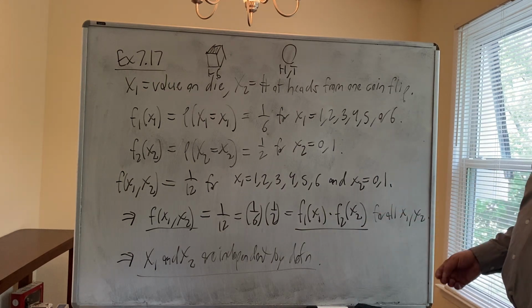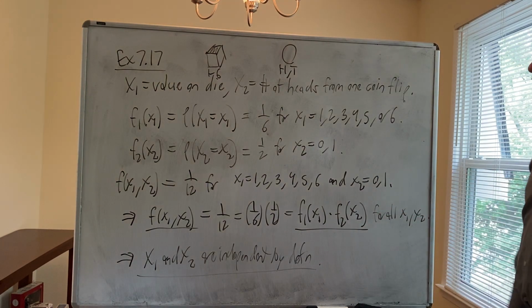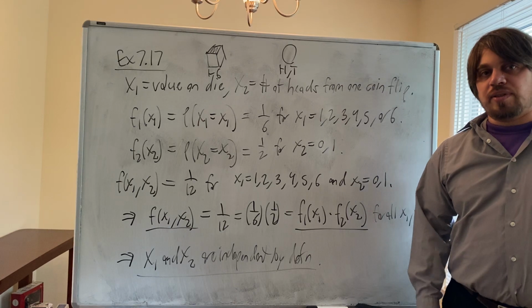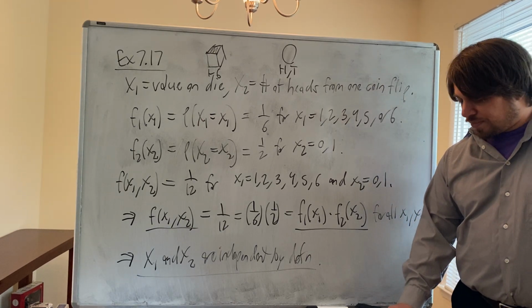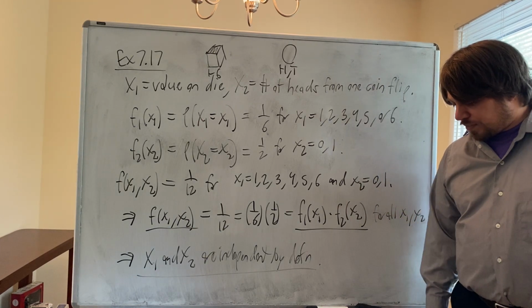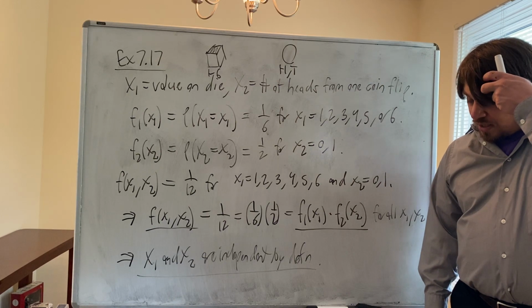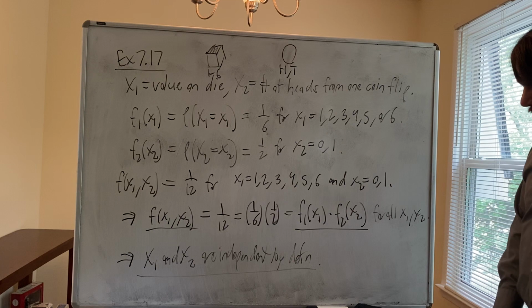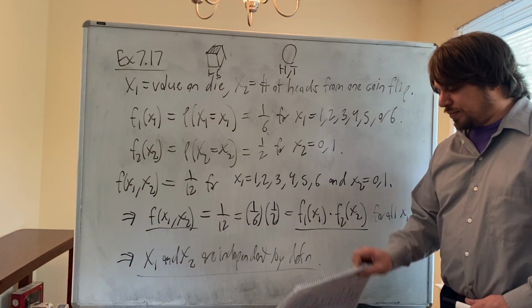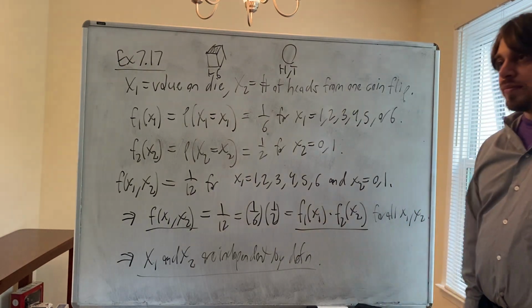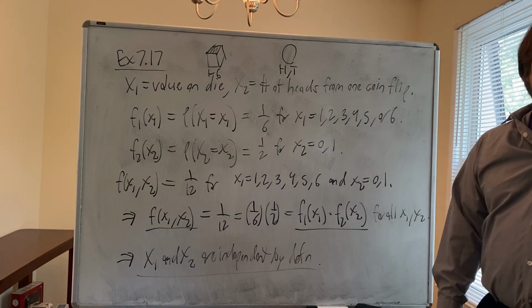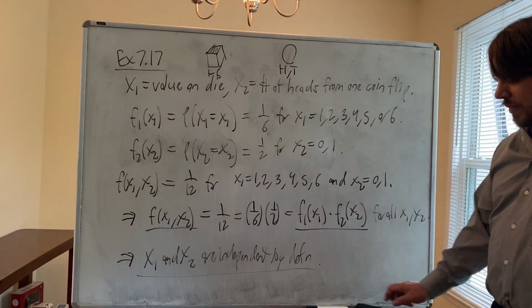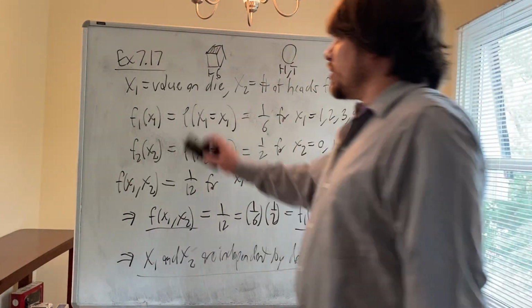Rolling a die and getting the number of heads from one coin flip, those are independent random variables. Okay, so I'll leave this on the board for a moment so you can write things down. Okay, let's go.